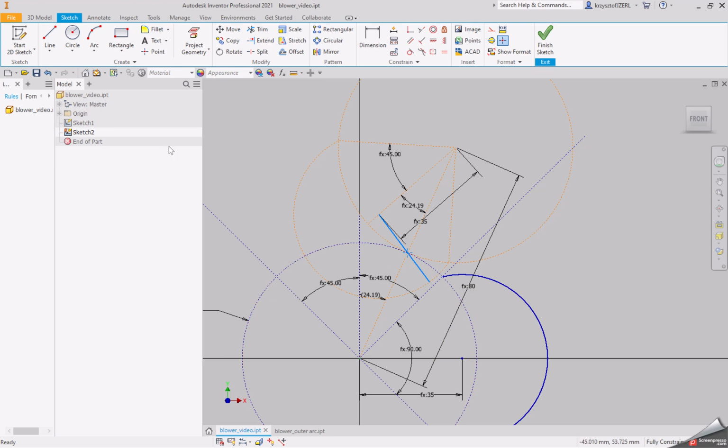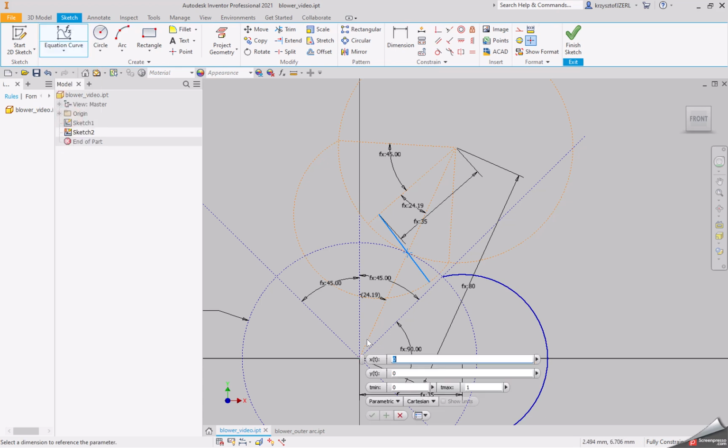So this is quite simple trigonometry, and we will use explicit equation curve for x and y from the parameter t. We will use our input angle as the parameter.